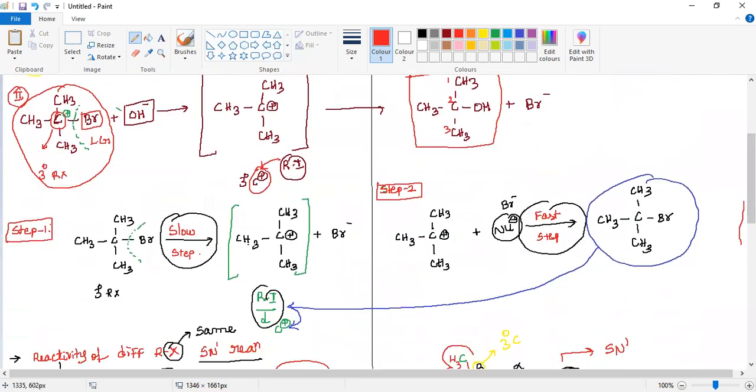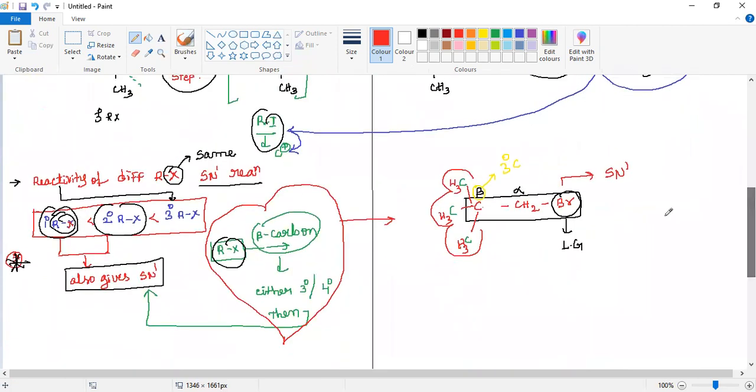But what about this one? Here this one is not the tertiary alkyl halide. Tertiary is there, but the tertiary is present on the beta carbon. Tertiary present on the beta carbon is also favorable for SN1 reaction. Clear, beta? Understood now? Very good.